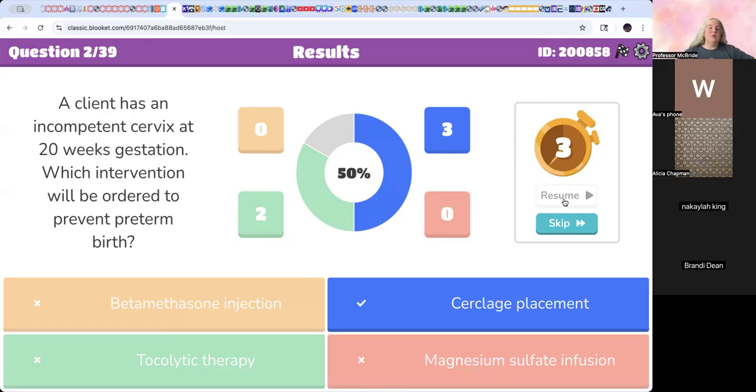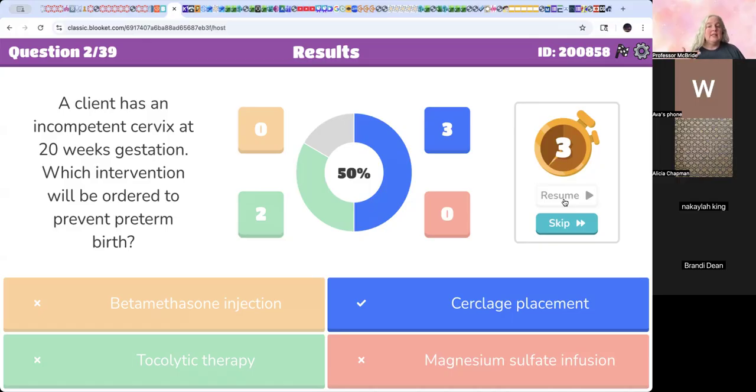The idea of using a tocolytic to try to make the uterus relax is not a bad idea, but it doesn't mean that her uterus was contracting and that was what was causing her cervix to thin or dilate. An incompetent cervix or cervical insufficiency is just a cervix that's not staying closed. And so it's not necessarily contractions that are causing it. It's just not doing its job.